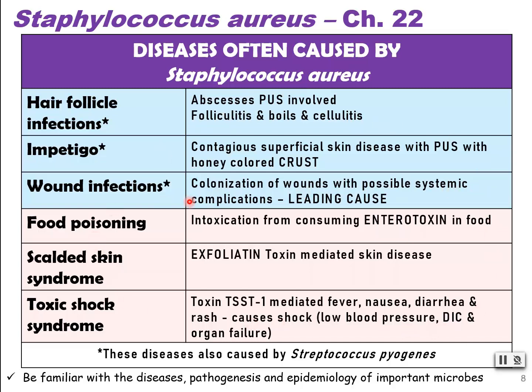This other group of diseases have to do with toxins, so exotoxins and also superantigens. That's the reason for the color coding. These little stars are the skin infections that are caused by Staphylococcus aureus; Streptococcus pyogenes is also capable of causing the same ones.